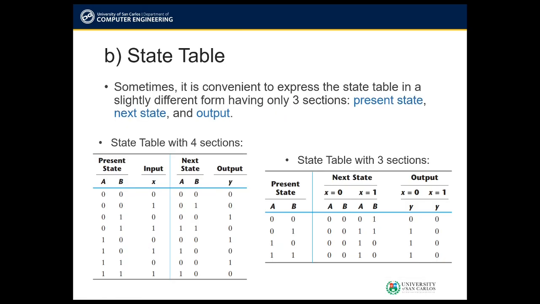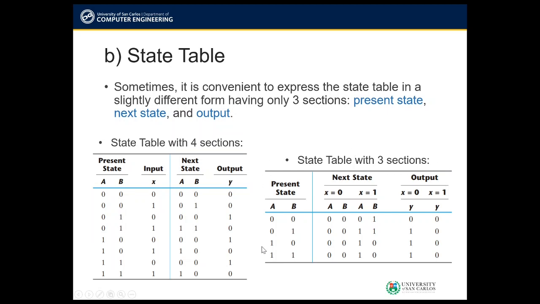So sometimes it is convenient to express the state table in a slightly different form by having 3 sections: present state, next state, and input. So this was our state table derived from the previous slide. So we have the 4 sections or the 4 columns here. But on the right side, this is another representation or another way to write our state table.